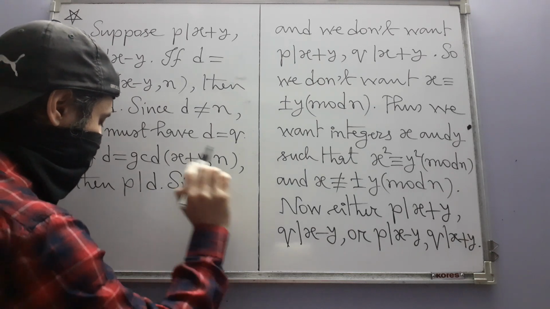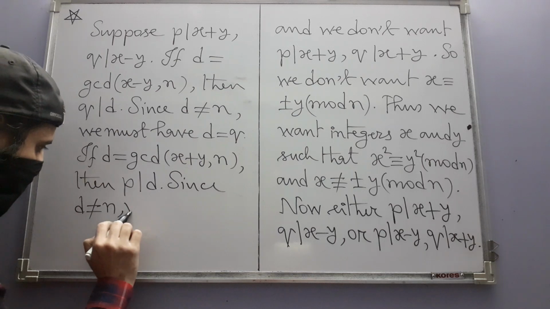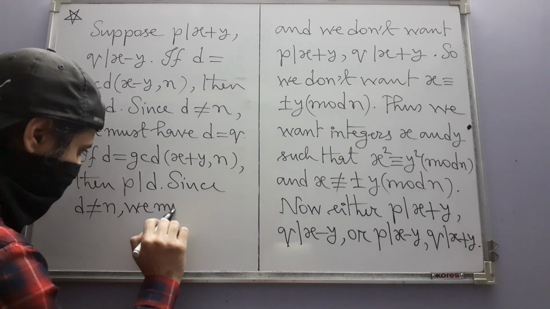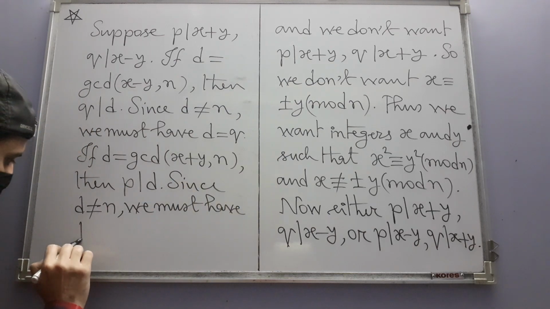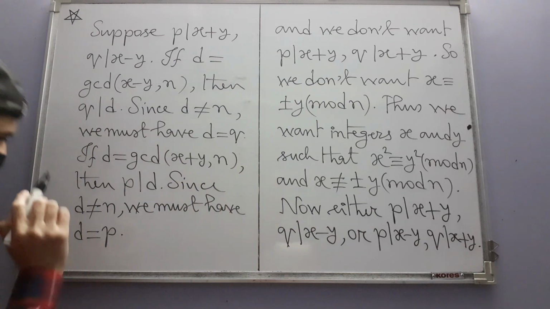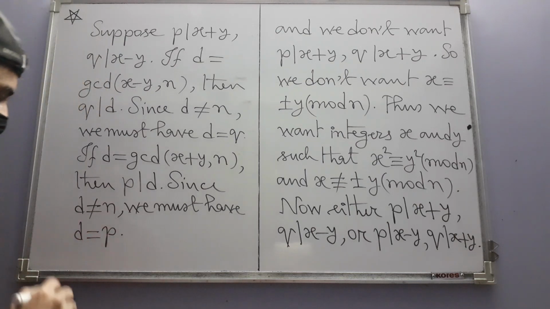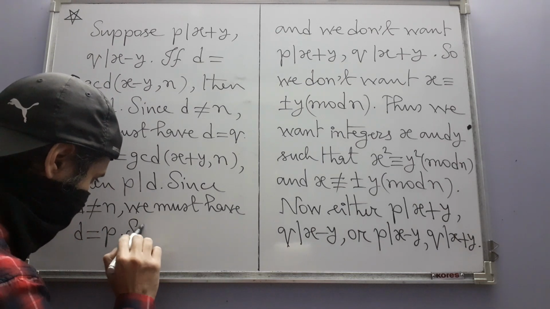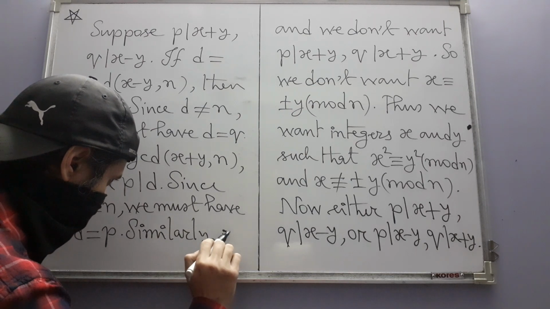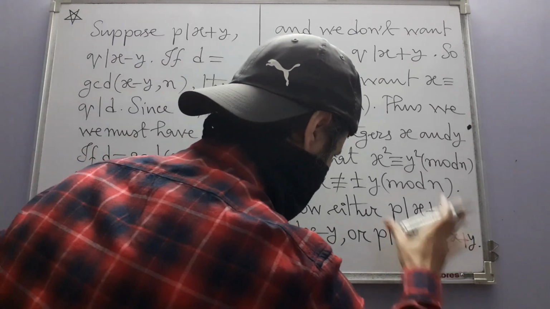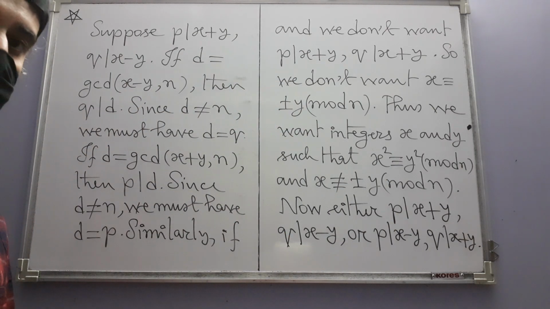Since d is not equal to n, so we must have d equal to p. So we see that d is either q or p, and similarly if you choose the other condition, then also d is either p or q.